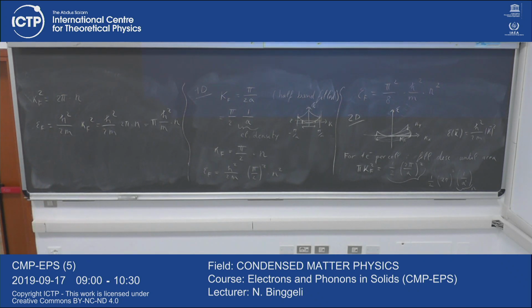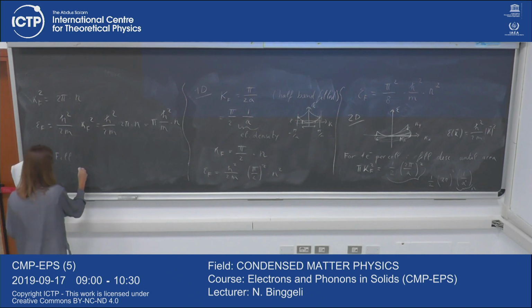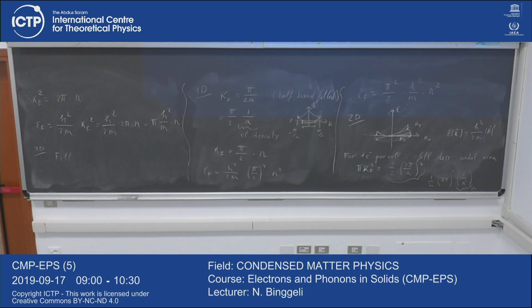Okay, and we can just finish with the three-dimensional case. So in three dimensions, I will not draw, but the condition remains analogous. That is, in K-space, since we have a band structure that is the same in Kx, Ky, Kz, we have the free electron model.